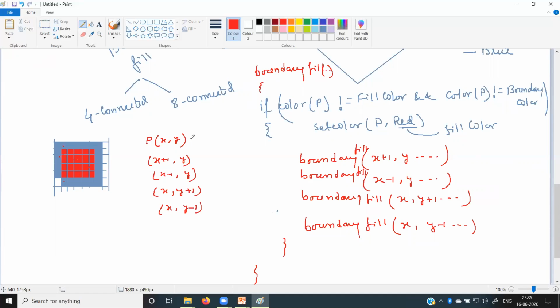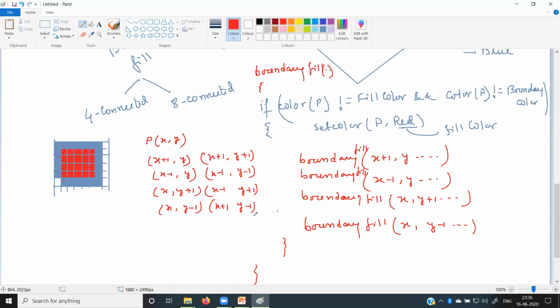So who are the nearest neighbors? If the point P is x, y, those are the 4 points. Apart from that, the other 4 points will be x plus 1, y plus 1; x minus 1, y minus 1; x minus 1, y plus 1; and the last one is x plus 1, y minus 1. Fine.